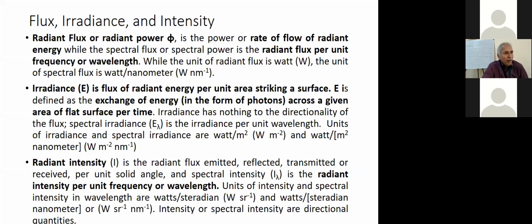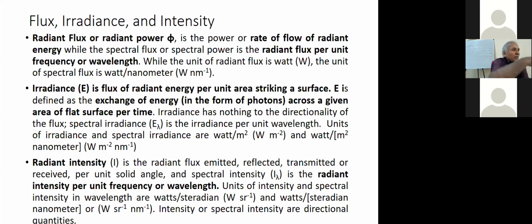Then we have this concept of irradiance, which is also a very important concept. Irradiance is flux of the radiant energy per unit area striking a surface. When I said the radiant flux coming out from the sun is something like 3.9 into 10 to the power of 26 watts, one can think of what will be the irradiance of solar radiation which emanates from the surface of the sun.